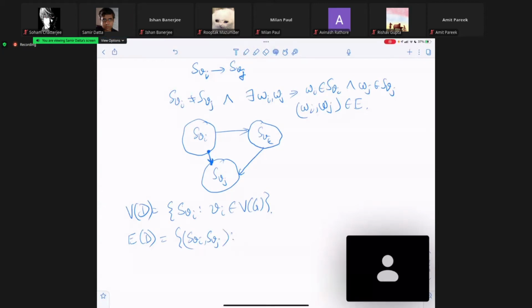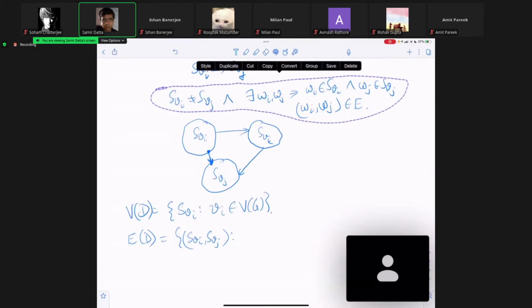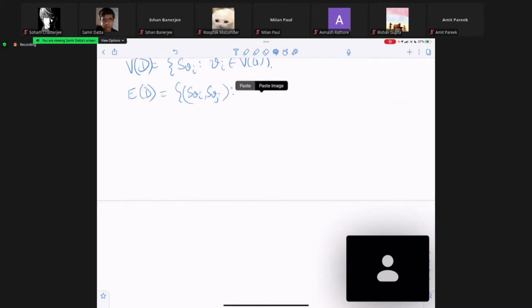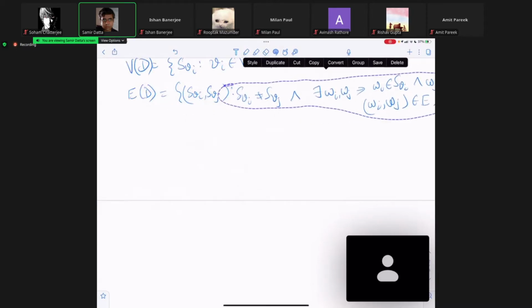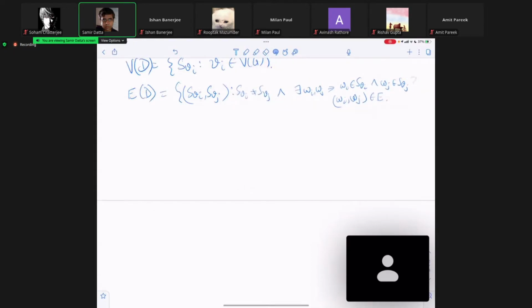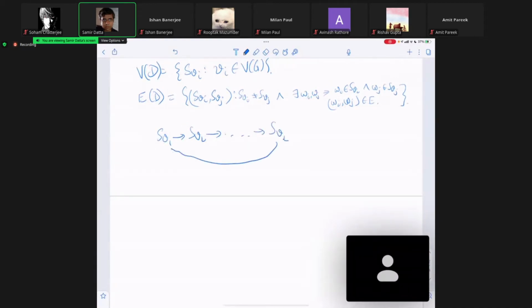If there is a cycle, then the strongly connected components will not be disjoint. They will lie in the same strongly connected component, essentially. Suppose there is a cycle in D, where SV1 goes to SV2, goes to something, and so on, to SVk and comes back.